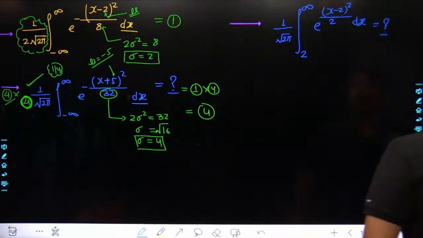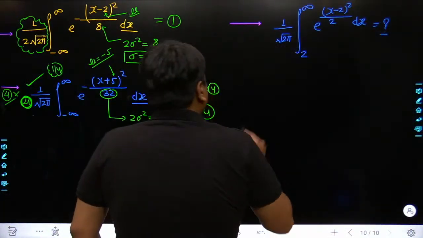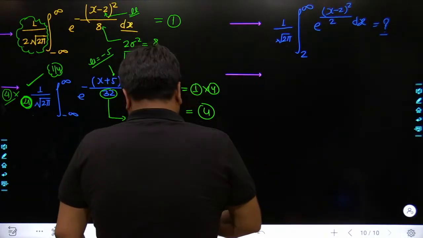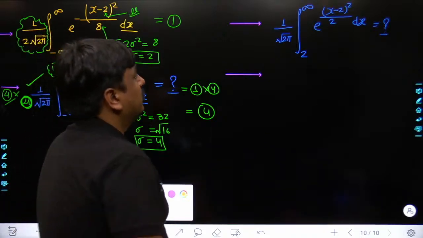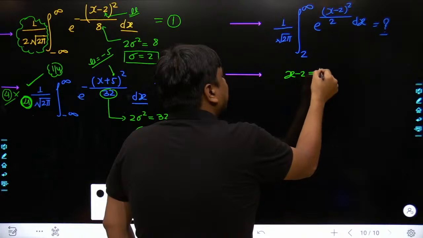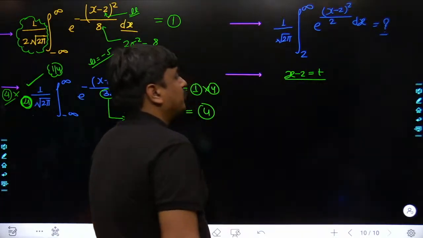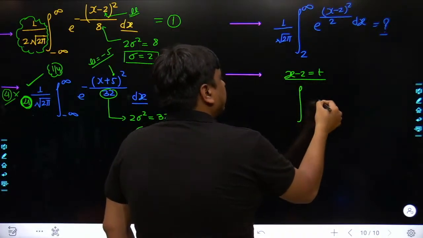Anyways, this has become your next question. See what is happening over here. Just try to understand in this way. If you do the method of substitution, if you have taken x minus 2 equal to t itself, what are the changes you would be expecting?